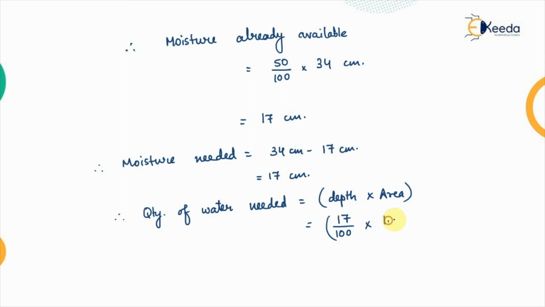Now the area was given as 1.6 hectares, and if we want to convert this hectare into square meter units, it is to be multiplied with 10 raised to the power 4. So from here if we calculate this value, it comes out to be 2720 cubic meter.